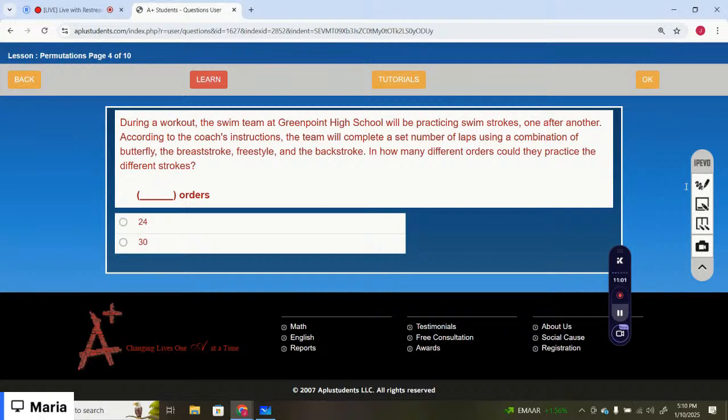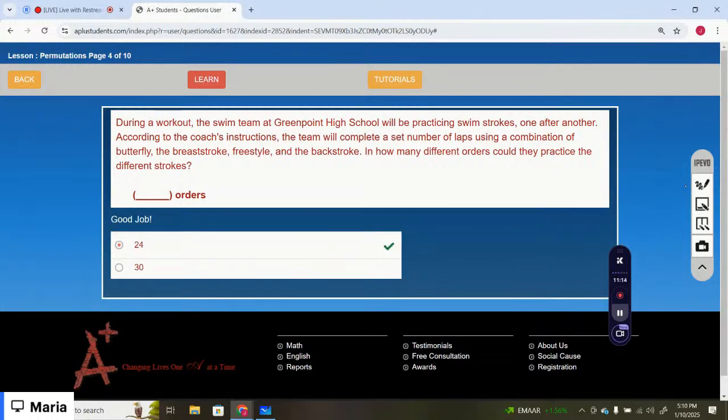That is four options: butterfly, the breaststroke, freestyle, and backstroke. So, you have to do 4 factorial, that is 24. Option number 1 is the correct option.